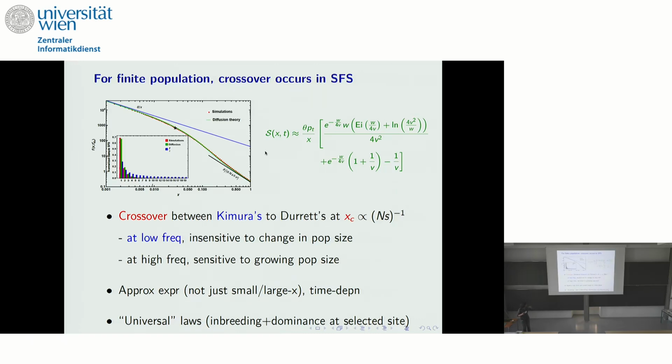So this is a full time-dependent quantity. To make our problem even more biologically relevant, we also considered inbreeding and dominance at selected sites. And we find that these laws of 1 by x and 1 by x square are universal, in the sense that these exponents continue to hold even with these other things that we add.